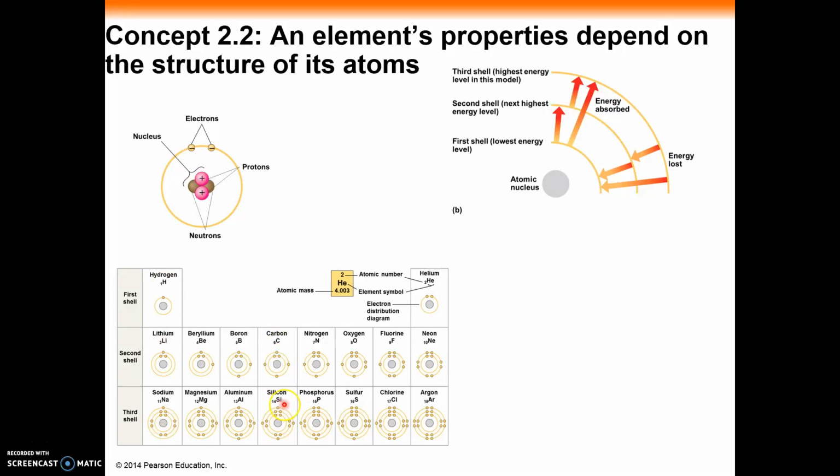Carbon and silicon behave very similarly because they have 4 in their outer shell. Fluorine and chlorine, very similar because they have 7 in their outer shell. And this filling of these outer shells, either by borrowing, taking, donating, or sharing electrons, is what gives each individual element its chemical characteristic.